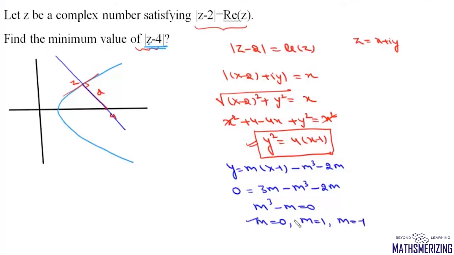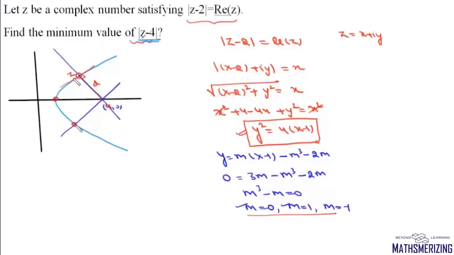Now 3 normals can be drawn from this point (4, 0). We'll need to find the shortest distance from this parabola. So we'll write the foot of all the 3 normals. So we know that the foot of normals is given by (am², -2am) for a parabola which is y² = 4ax.